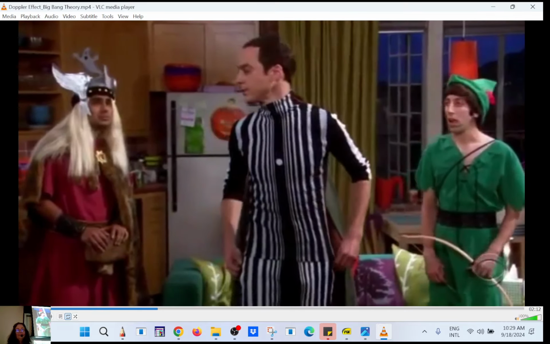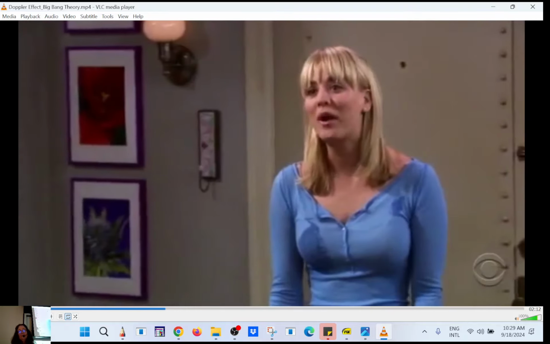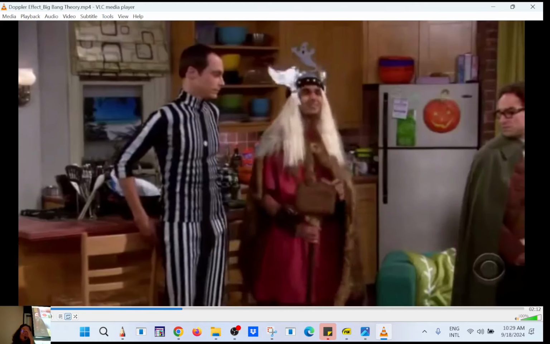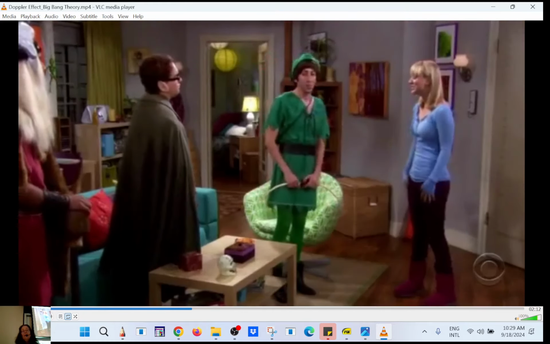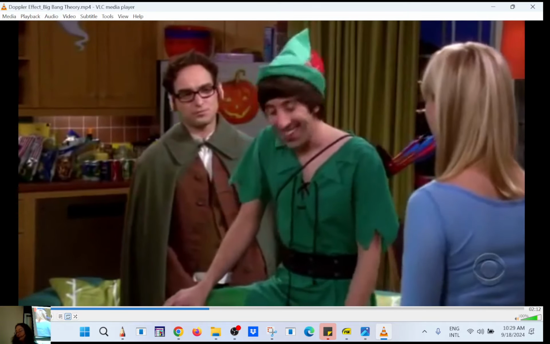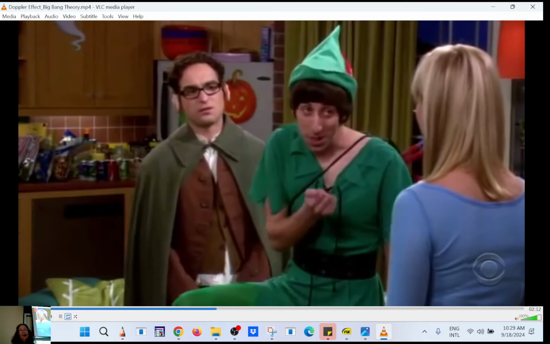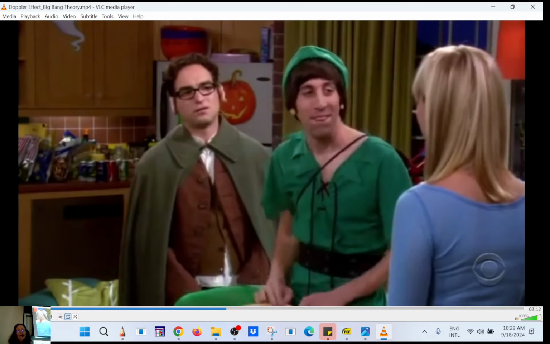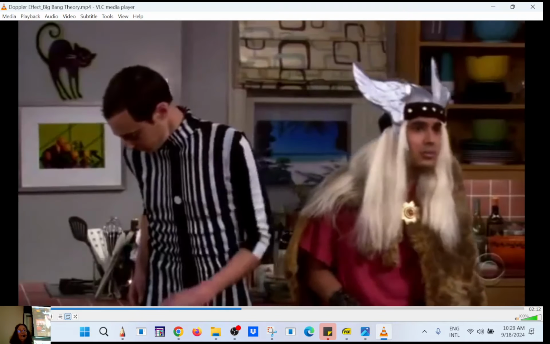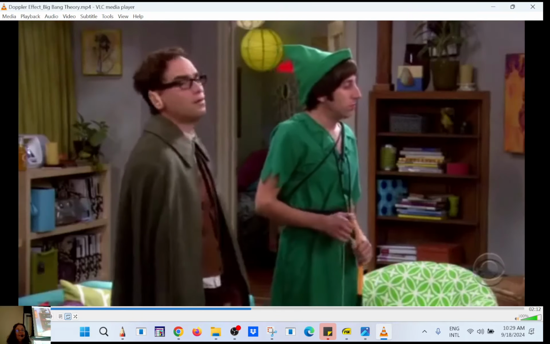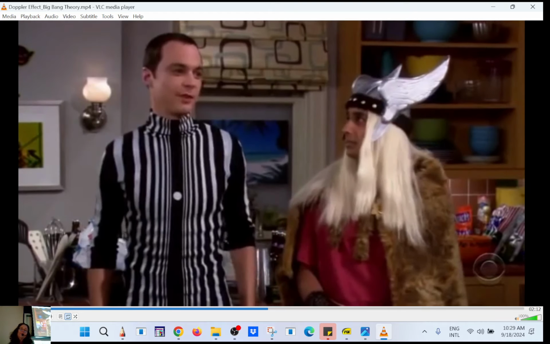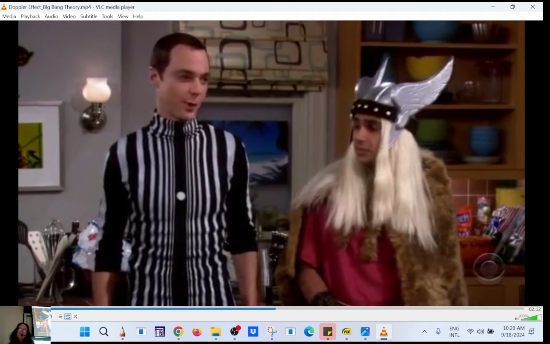This party is just going to suck. Oh, come on, it's going to be fun, and you all look great. I mean, look at you, Thor and Peter Pan. That's so cute. Actually, Penny's right here. I got a handful of pixie dust with your name on it. No, you don't. I hate what Sheldon's supposed to be. Oh, he's the Doppler. Yes. It's the apparent change in the frequency of a wave caused by relative motion between the source of the wave and the observer.